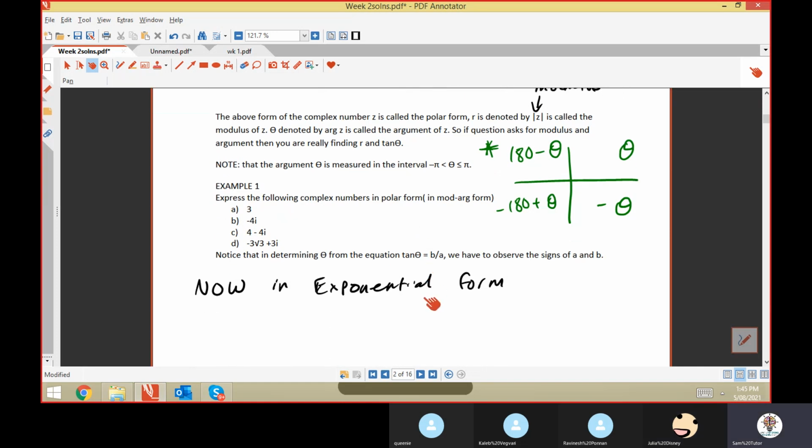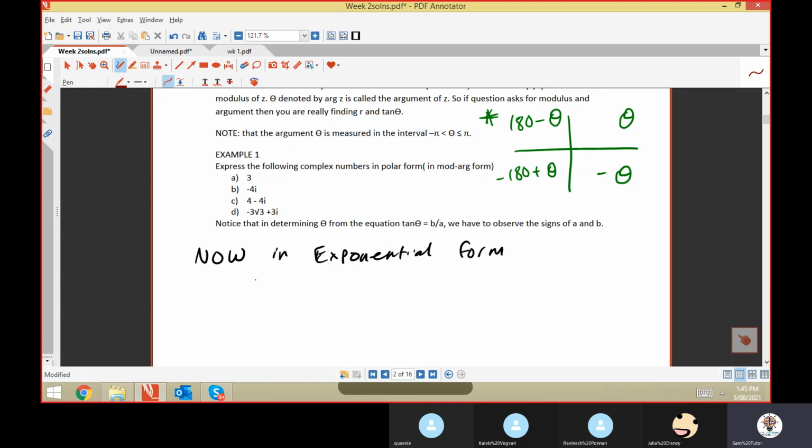All right, good. Just before we get started on doing these, part of the new syllabus is also now to write them in exponential form. Don't stress, it's just this: R, e to the i theta. That's exponential form. What do you think R equals?